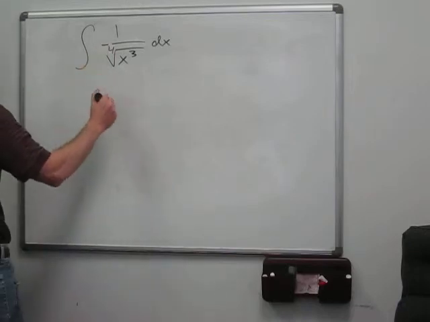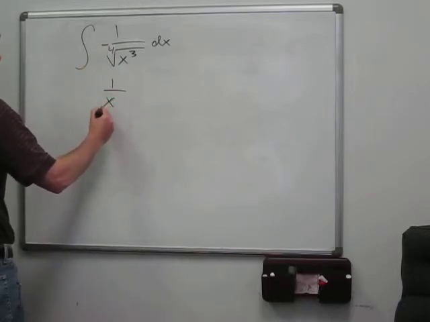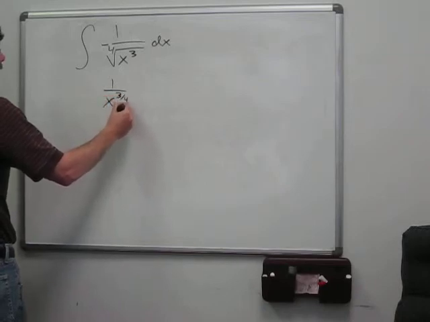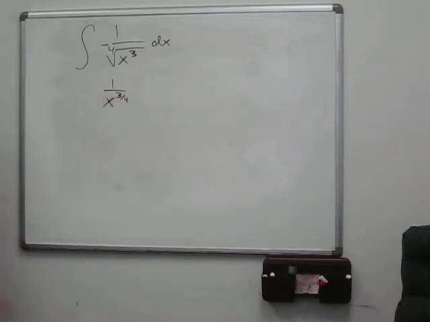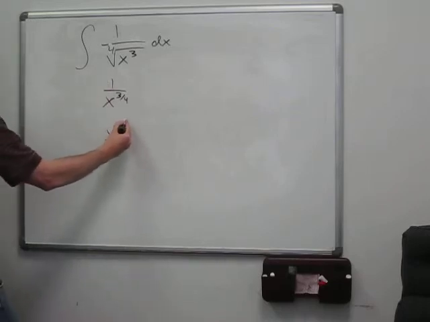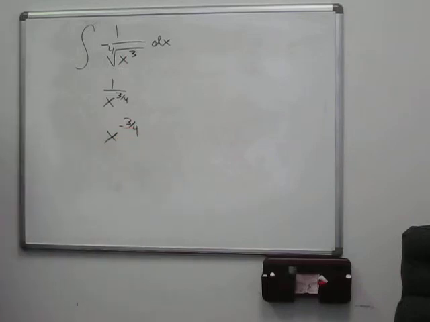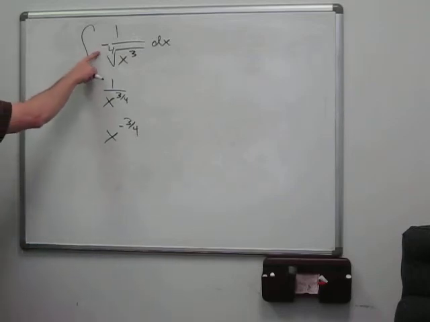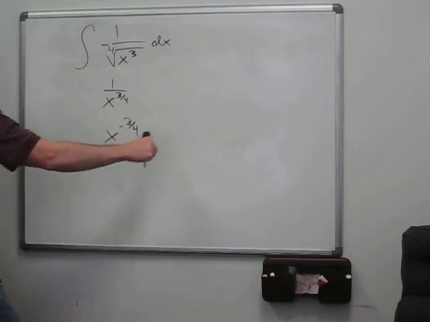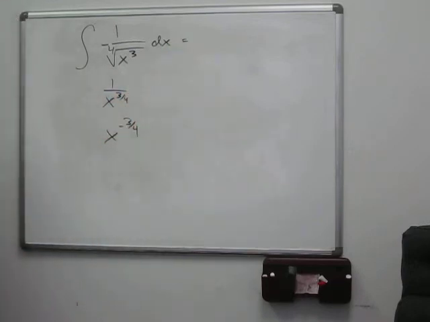Well, this is the same thing as 1 over x to the 3/4. But to use my power rule, I don't want to work with 1 over x to the 3/4. I want to work with x to the negative 3/4. Right? These three expressions are all equivalent. So to find my antiderivatives, I'm going to work with this form using the reverse power rule.